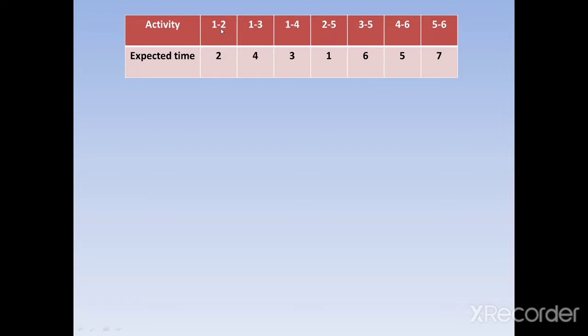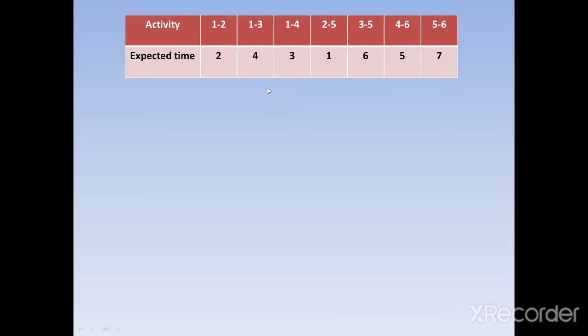Once again I will tell you, the first number is the preceding node, and the second number is the next node. 1 is the first node, 2 is the second node, and 1 to 2 is the activity. So 1 to 2 means the activity starts from node 1. 1 to 3 is also starting from node 1, and 1 to 4 is also starting from node 1. So these 3 activities are starting from the single node, that is 1.